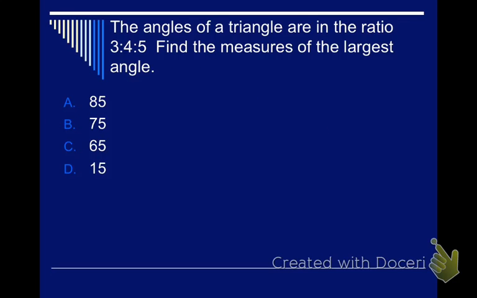Okay, the angles of a triangle are in the ratio 3 to 4 to 5. Find the measure of the largest angle. If we think about one angle being 3x, another angle being 4x, and the largest angle being 5x, all three angles should add up to 180 degrees.